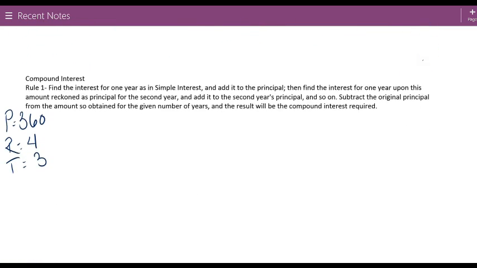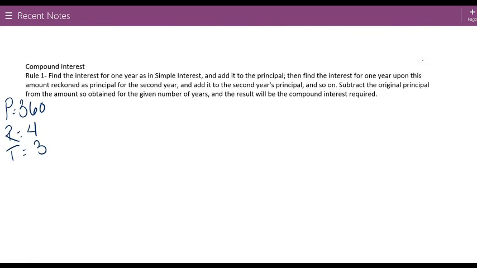In compound interest, the first rule, Rule 1: find the interest for year 1, as in simple interest, doing the exact same thing, and add that to your principal. Then find the interest for 1 year upon this amount reckoned as principal for the second year, and add it to the second year's principal, and so on.